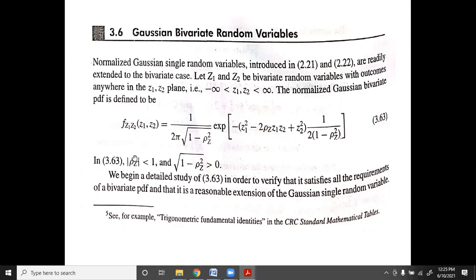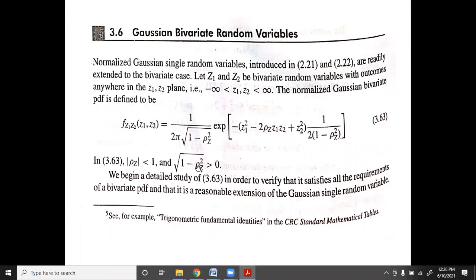We need not write mod when we say squared, because whether rho is positive or negative, its square will always be positive. So rho_z squared will be somewhere between 0 and 1, which means root of 1 minus rho_z squared will always be greater than 0.